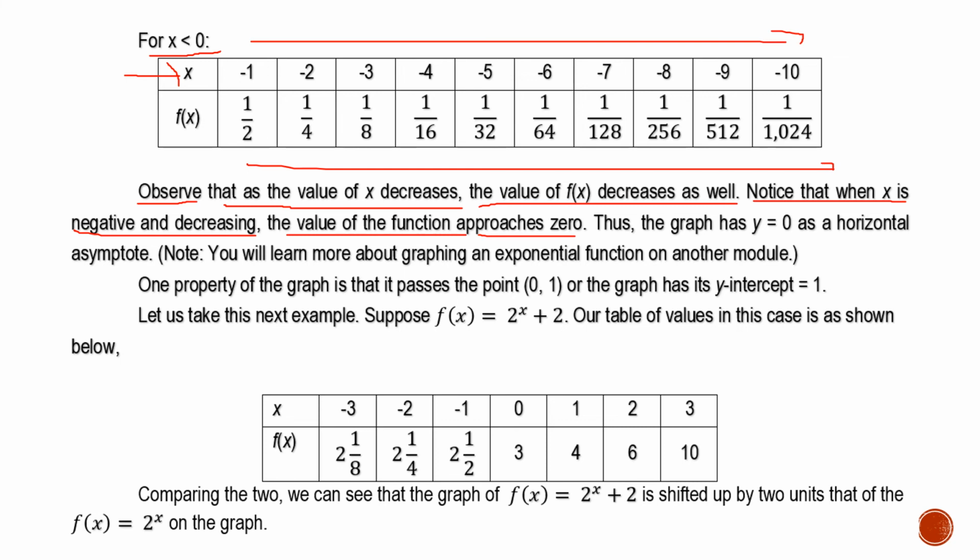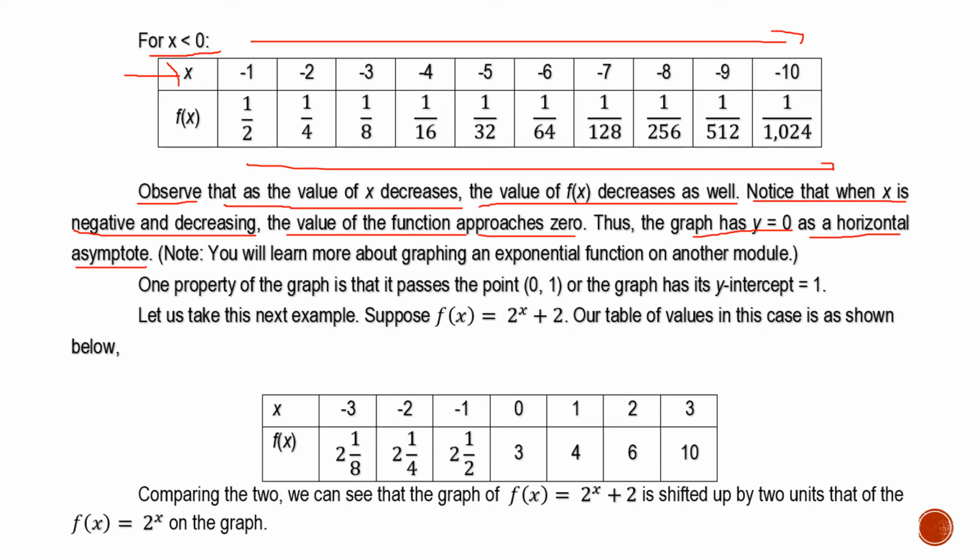Yes, but there is no point of intersection between your asymptote and your graph. Thus the graph has y equal to 0 as a horizontal asymptote. But again, there is no point of intersection between your graph and your asymptote.